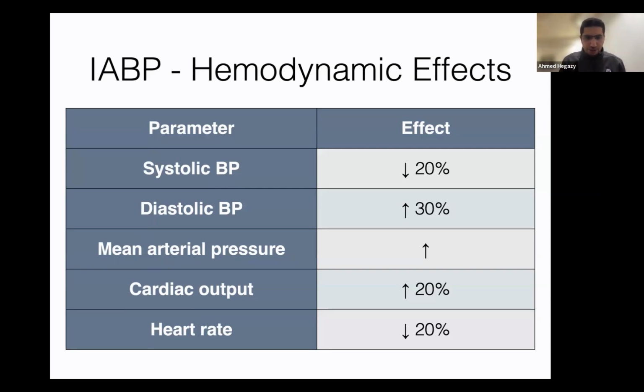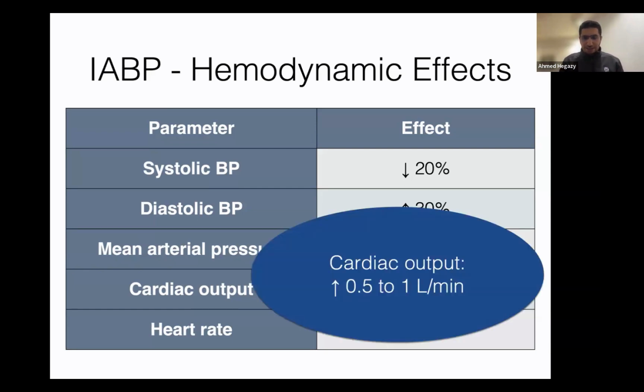So how do you quantify the increase in cardiac output? That increase in cardiac output with balloon pumps is actually quite mild. At the most, you will get an increase in cardiac output of 0.5 to 1 liter per minute. Now remember, cardiac output can be anywhere from 5 to 8 liters per minute. That extra push that you're getting from a balloon pump is only half a liter, up to 1 liter per minute at the most.